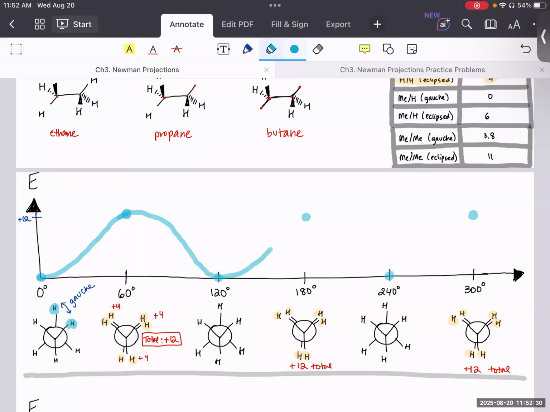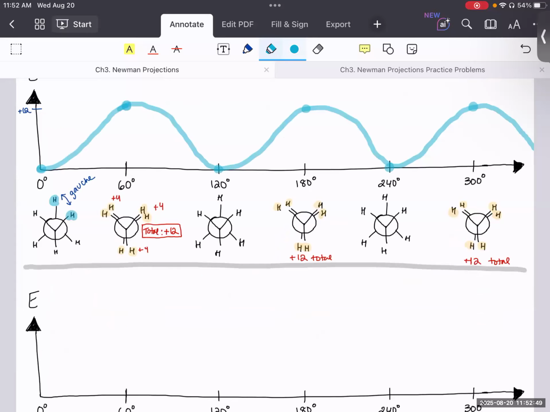If you have to draw that diagram going down to 360, that 360 state should just be equal to 0, so it'll go back down to baseline if we continue along the x-axis. All right, so ethane's pretty straightforward. It's just that wavy pattern where all the peaks are equal and all the bases are equal.